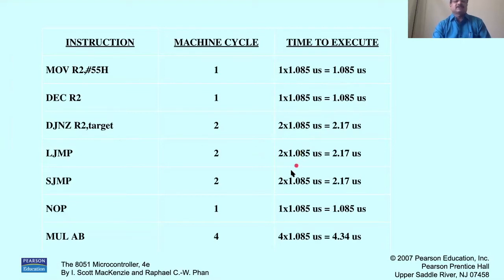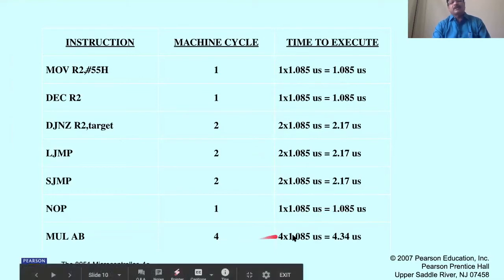Similarly for LJMP and SJMP. Now a no operation is used for just inserting a delay of 1.085 microsecond. And for multiply, 4 into 1.085 gives you 4.34 microsecond. So that is how you can first find out how many machine cycles are required and how much time is required for executing a single instruction.